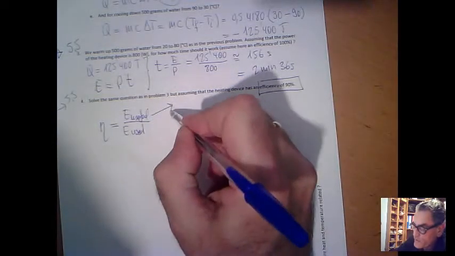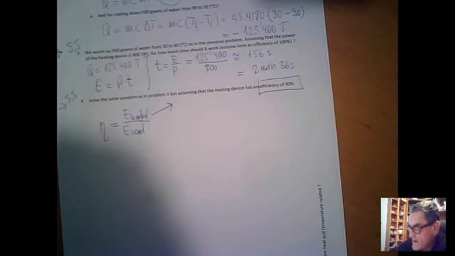Yes, and the useful energy is given by which quantity here? The useful energy is the energy you are going to need to warm up the water. This is not going to change.